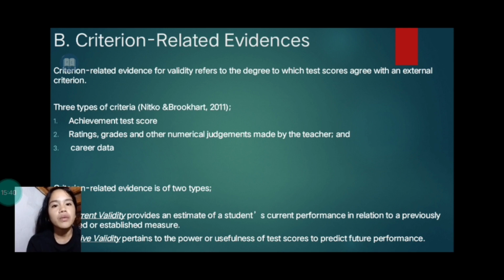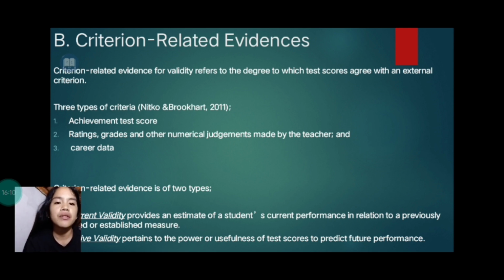Now, letter B, we have criterion-related evidence. From the word criterion, it is the criteria. A teacher critiques students as a rater, making judgments about students based on their performance, school works, and school activities.